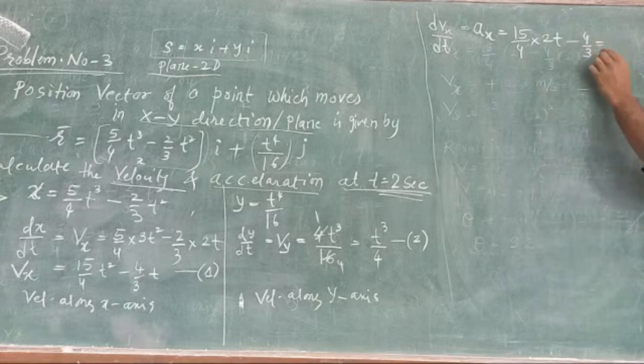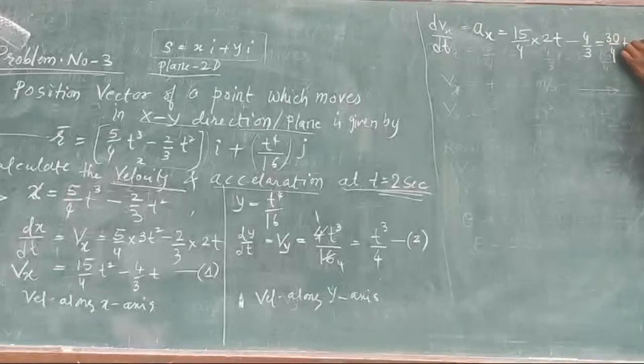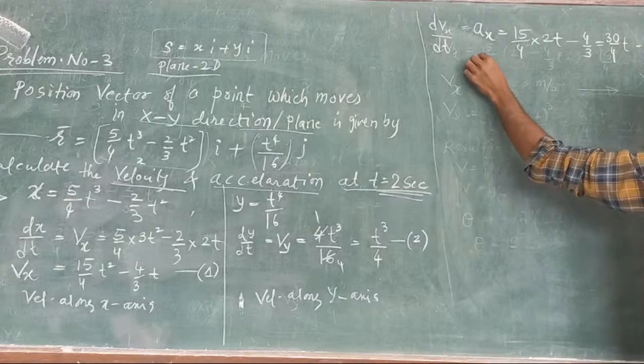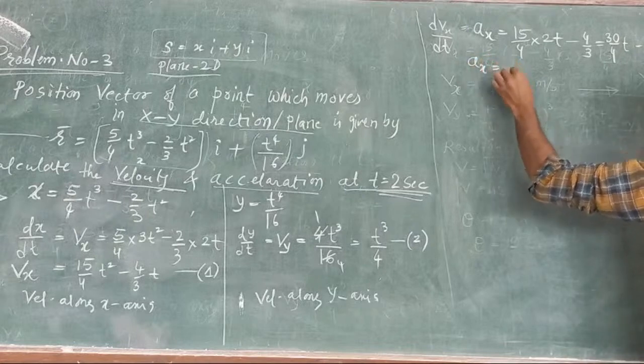So this will be 30t minus 4/3. Okay, so this will be the ax equation.